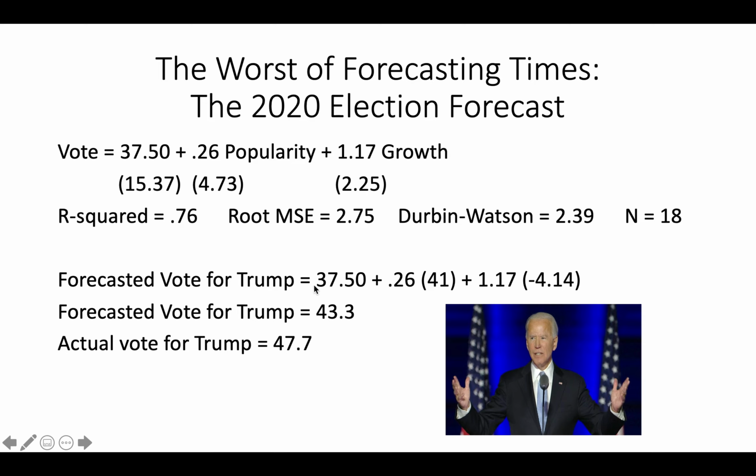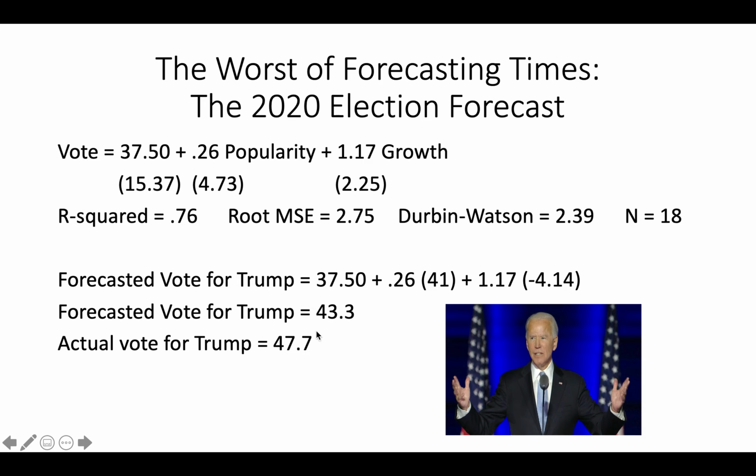So the forecasted vote for Trump would be with historically low approval rating of 41%, and the pandemic influenced economic depression of minus 4.14% in GNP growth in first two quarters of 2020, historically low.